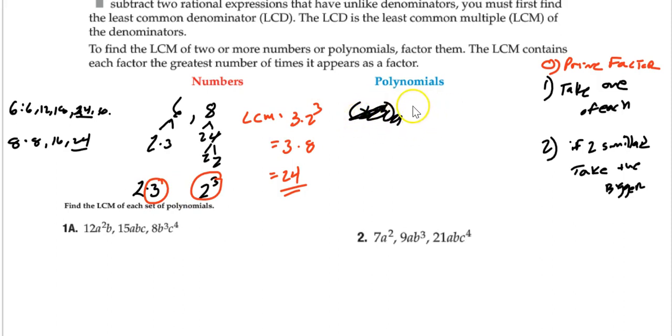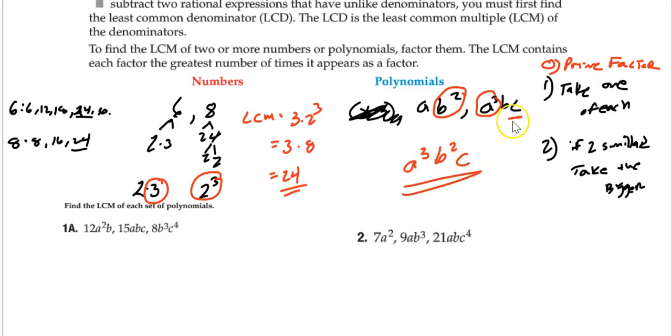Let's do it with variables first: a, b squared, and then a cubed b c. Exact same rule. You take one of each. So I need an a. There's two of them, I take the bigger one. I need a b. There's two of them, take the bigger one. And then I need a c because there's a c there. You have to take one of each. And that's how you find the LCM.